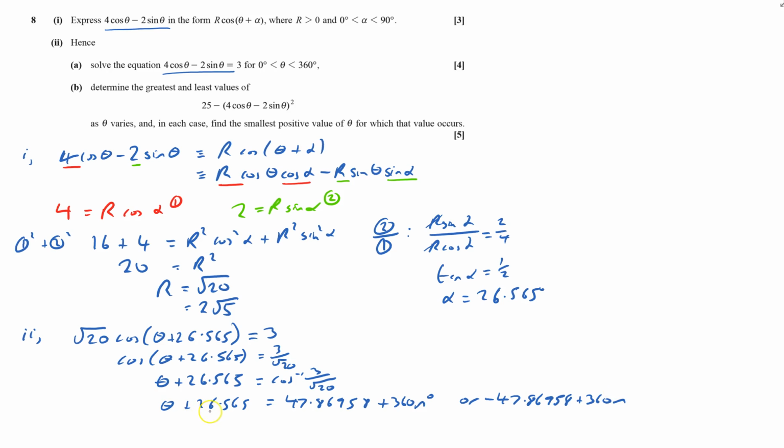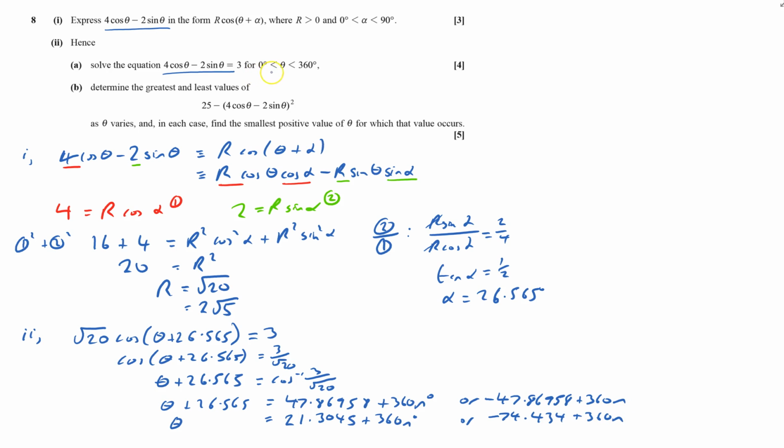I now need to take away 26.565, so theta equals 47 point whatever, take away 26 is 21.3045 plus 360n degrees, or minus 47, take away 26 is minus 74.434, plus 360n.